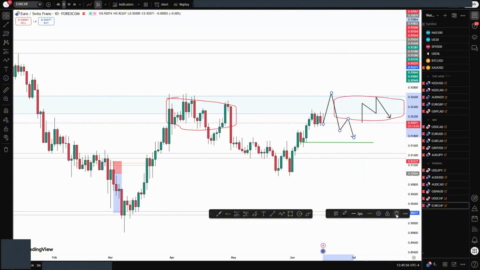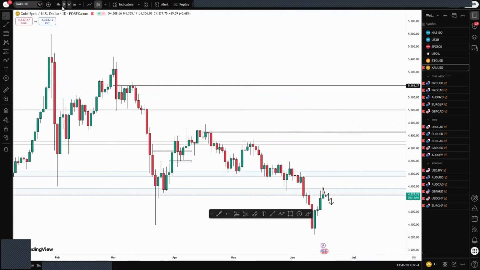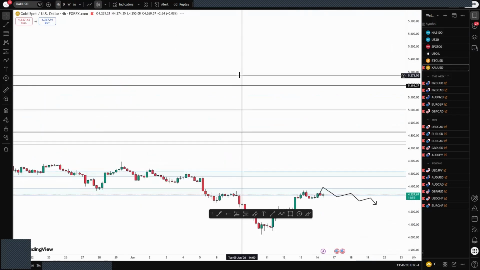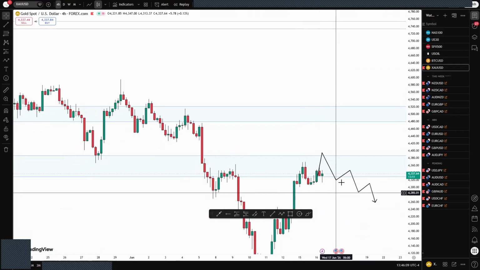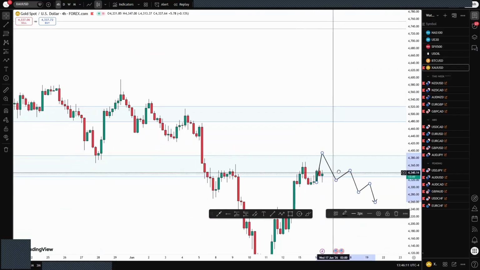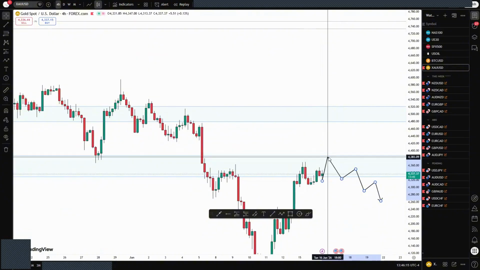Then let's see what ZAR did. Price hasn't yet made that high. I was looking higher, that's what I'm looking for. So still nothing we can do.